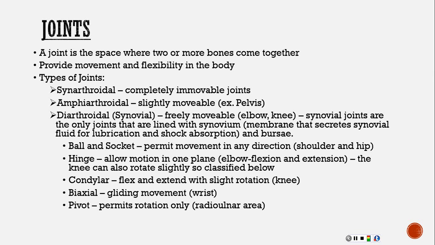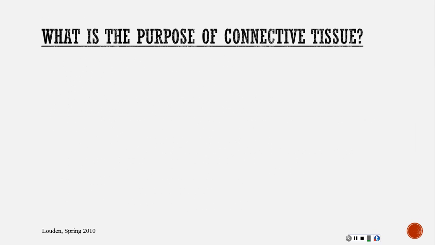All right, so that's the joint. Now we're going to talk about what holds it all together. So what is the purpose of connective tissue? Anybody got an idea? Okay, it connects bone to tendon and allows movement.